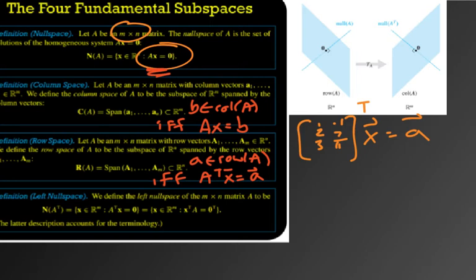The left null space, there's a reason it's called left null space, and I'm going to show that in a second, is really just the null space of the transpose of A, okay? Literally it looks like this.